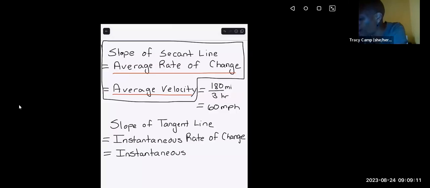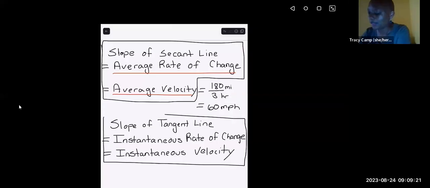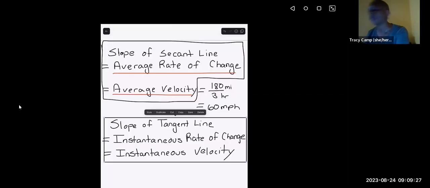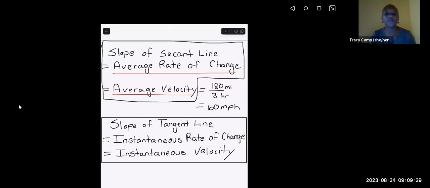So if I drove 180 miles in 3 hours, maybe my average velocity was 60 miles per hour. But that doesn't mean I was driving 60 miles per hour the entire time, right? I could have been stopped at a stoplight at some point, at 0 miles per hour. I could have been driving 70 miles per hour at some point.